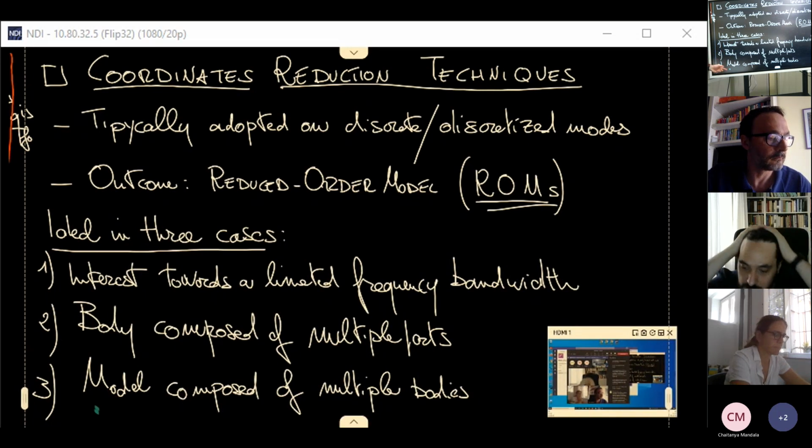So the difference between the second and the third item is that in the second case, you have only one body. In the third case, you have a collection of bodies. In the second case, you reduce a portion of the body. In the third case, you reduce or collapse a body within a collection of bodies. Okay, Prof, thank you. Sure.